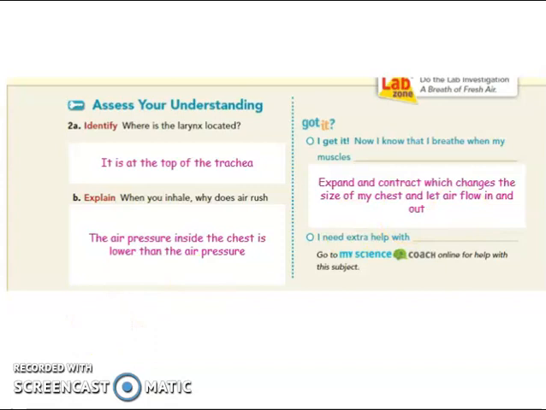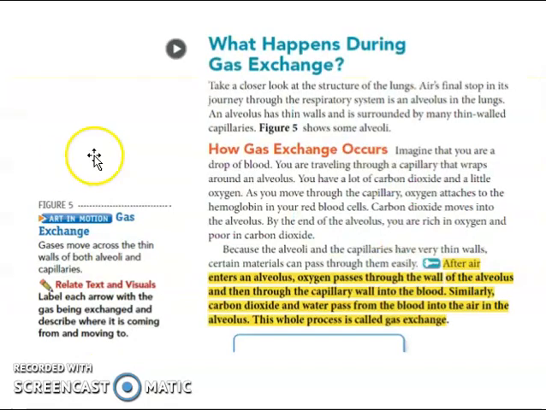Now let's proceed to this part. What happens during the gas exchange? Remember that the respiratory system is responsible for the gas exchange. So take a closer look at the structure of the lungs. Air's final stop in its journey through the respiratory system is an alveolus in the lungs.